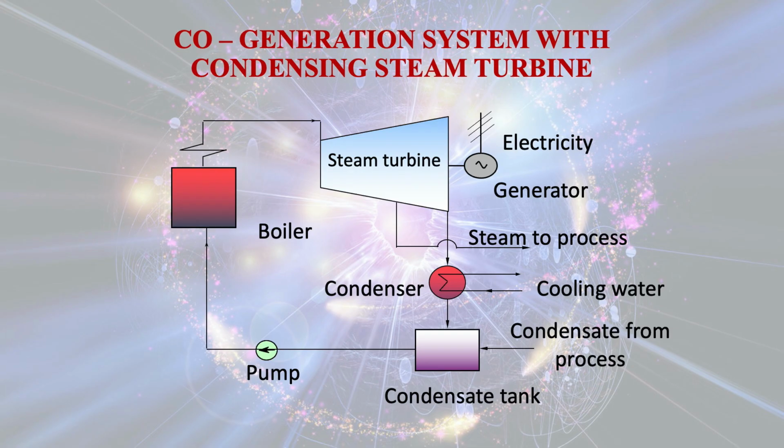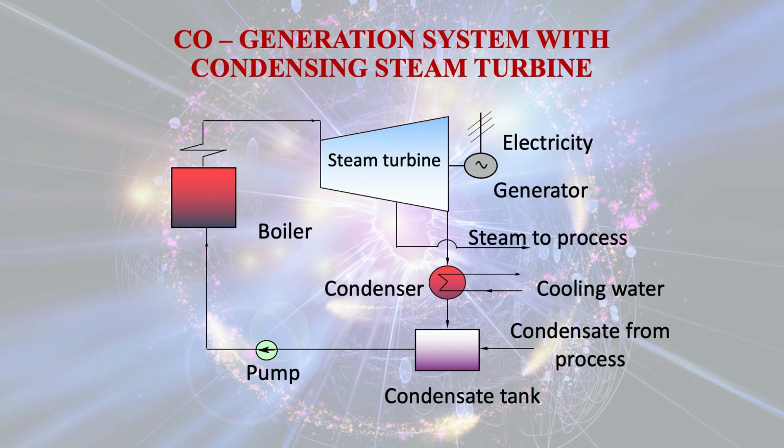Now you see that in between we are tapping some steam from the steam turbine which goes to the process heater. So steam to process, and thereby the heat is given out and we get thermal heat for the processes which are required for any industries like chemical industries, cement industries, textile industries, where heat is required.